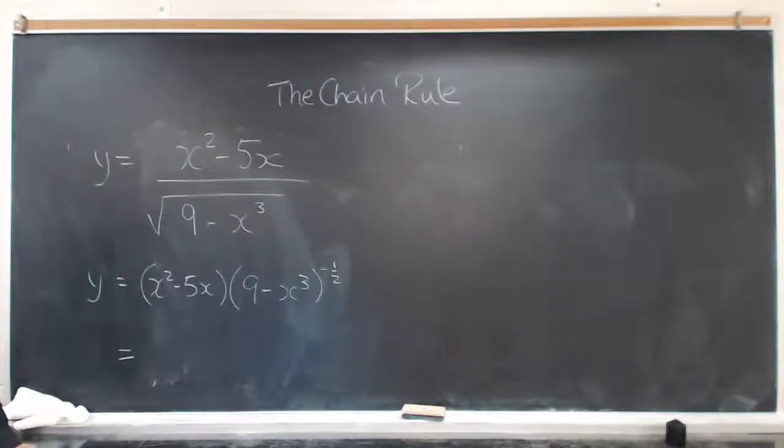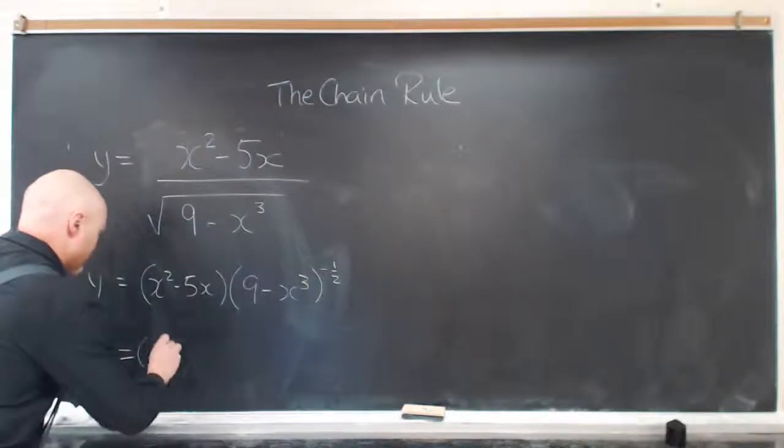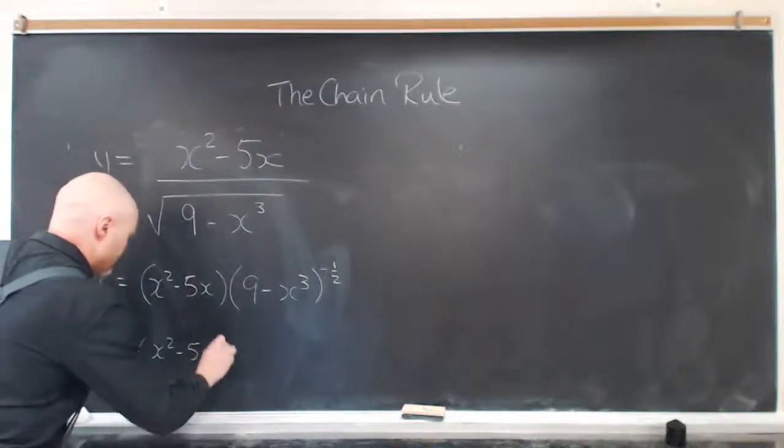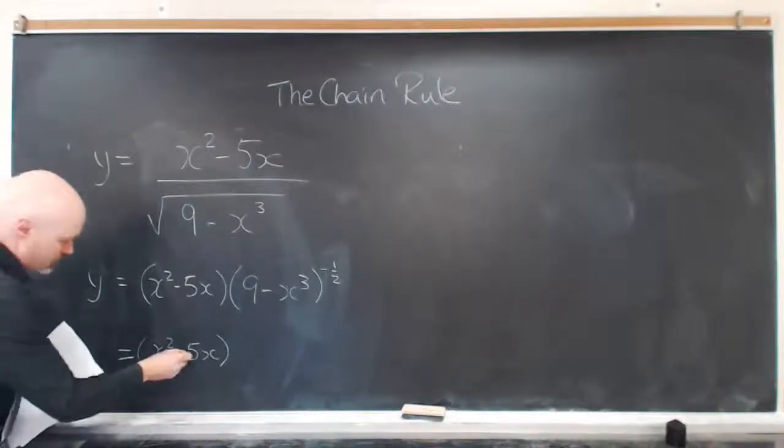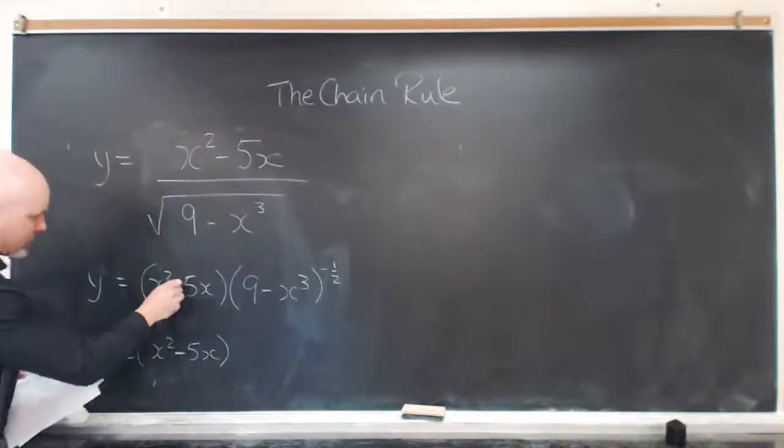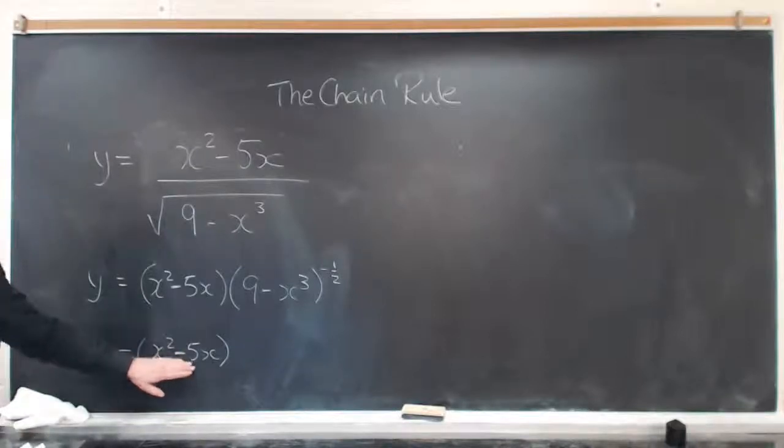Okay, so first times the derivative of the second. That will be x squared times 5x times negative 1/2. Okay, so sorry, that's a minus 5x.